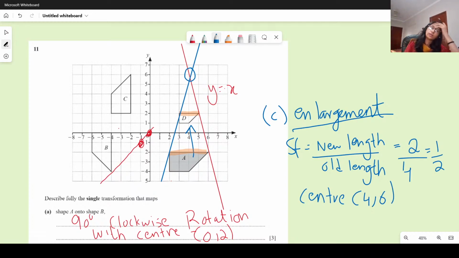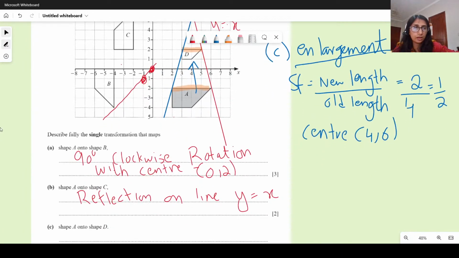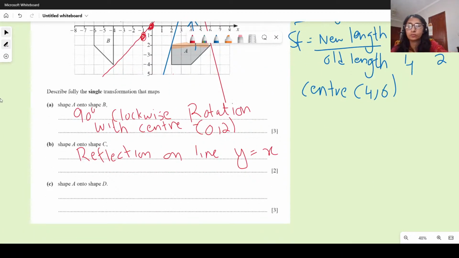If you make a mistake like mine and your point of intersection is not on a whole point, then you just round it off to the nearest whole point. So the nearest whole point to my point of intersection is 4 comma 6, which is the answer. So the answer for part C is supposed to be enlargement, scale factor half, center 4 comma 6.